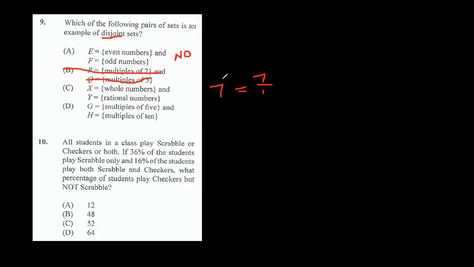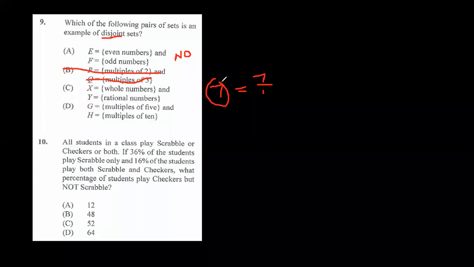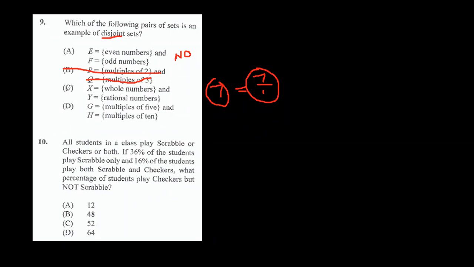So all numbers that are whole numbers can be represented as a fraction, which means the set of whole numbers is actually inside the set of rational numbers. So they're not disjoint sets. You're following so far? How do you feel about that?